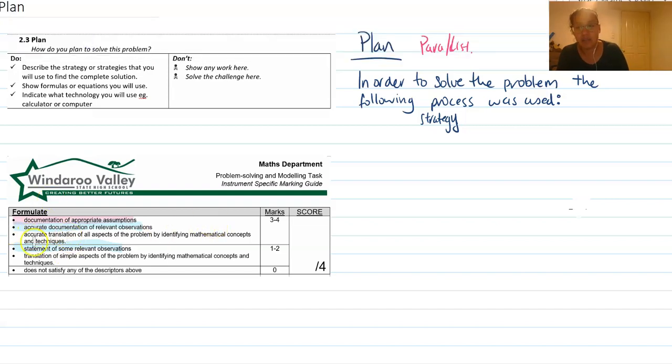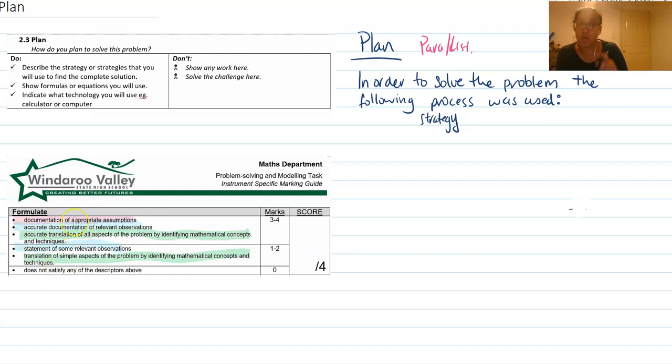The difference is an accurate translation of all aspects, or a simple translation of some simple aspects of the problem. You have to identify mathematical concepts and techniques, so you need to work out what mathematics you're going to use. How we see an accurate translation is: why are you doing something? What is the significance of it as you do it?